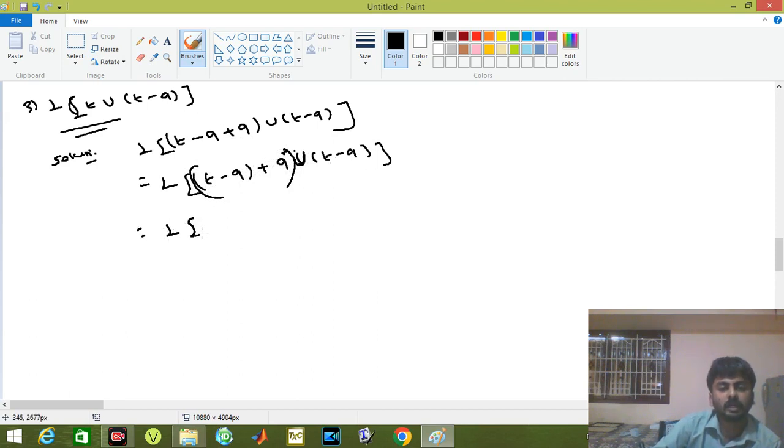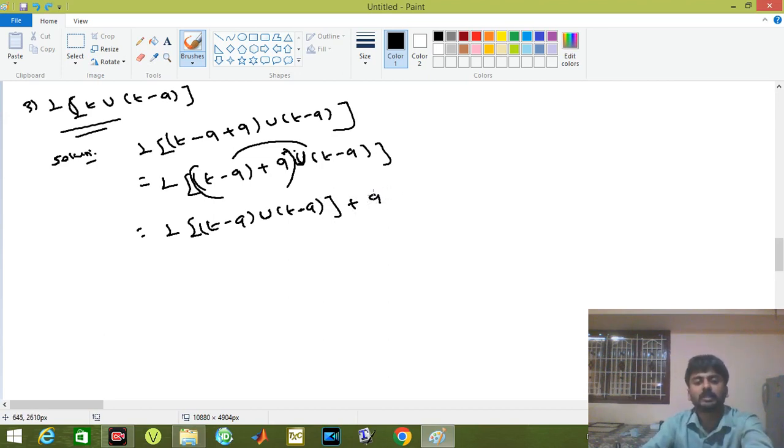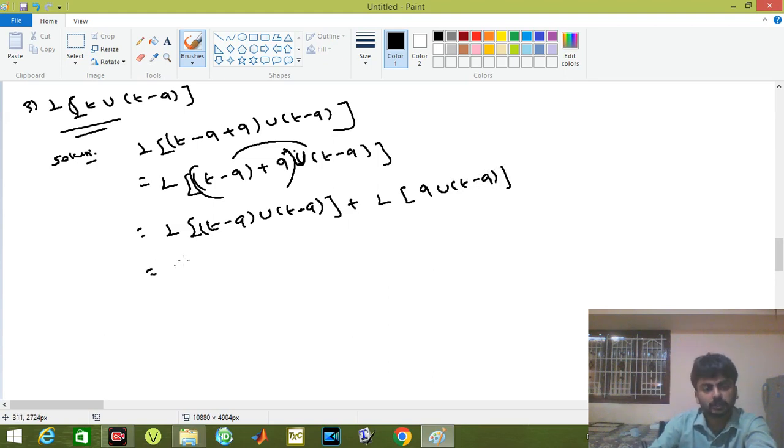By linear property you can take 9 outside: this is L of (t minus 9) u of (t minus 9) plus 9 times L of u of (t minus 9).